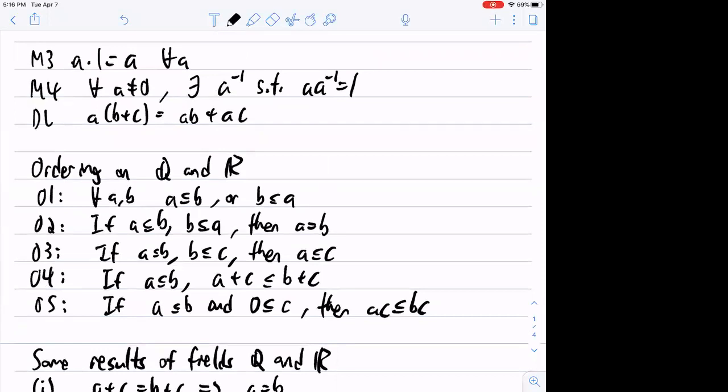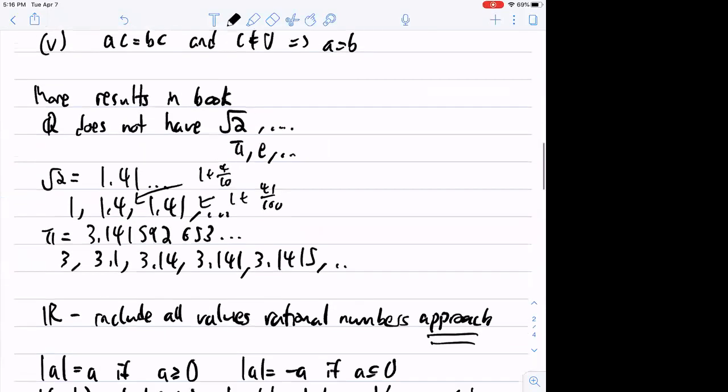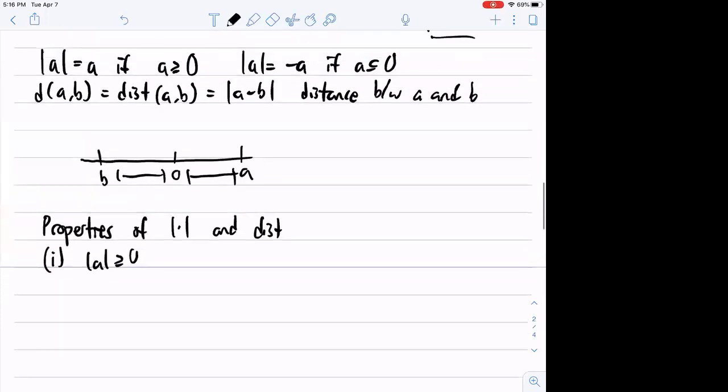But it's pretty obvious that absolute value of a number is bigger than or equal to 0. And here absolute value of A times B is absolute value of A times absolute value of B.